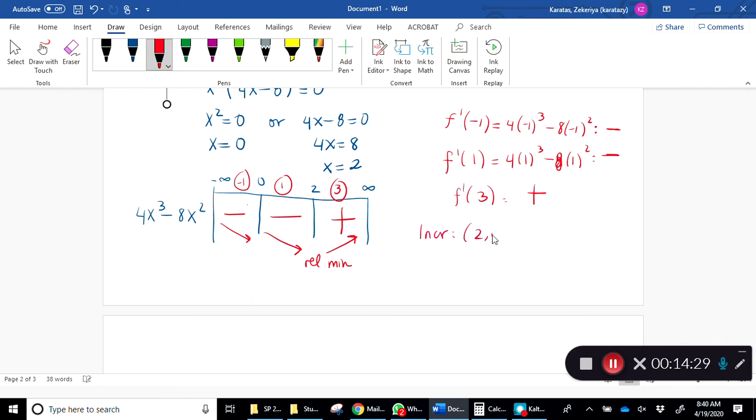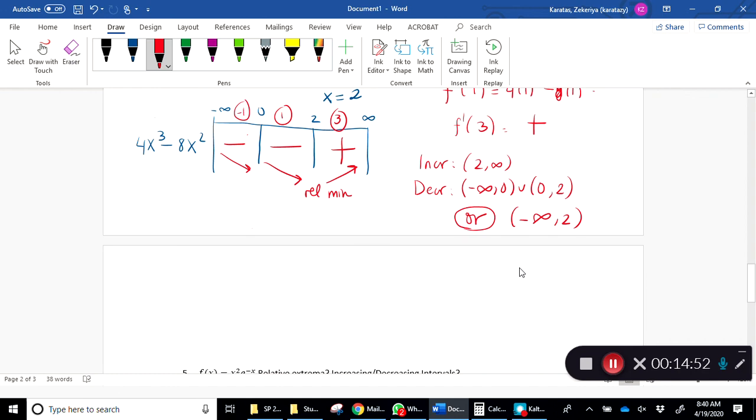It's 2 comma infinity. For decreasing intervals, you can write negative infinity up to 0 union 0 up to 2, or sometimes you just directly write it as negative infinity up to 2. Both ways will work.